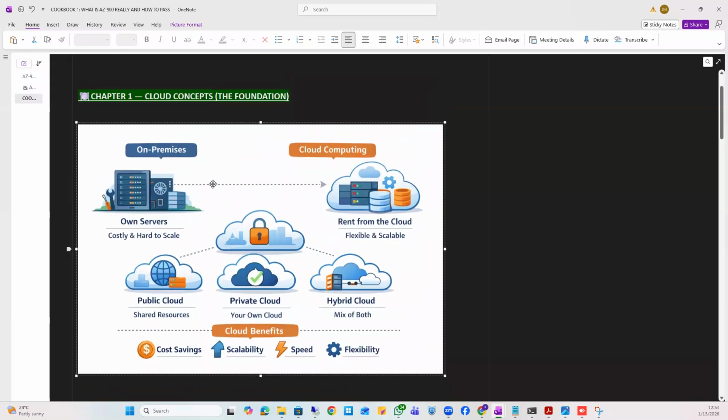Now, there are two types of hosting, starting with something called on-premise and something called cloud computing, which is what Azure and AZ-900 mostly focus on. But on-premise, which is a cloud concept, is where it started.